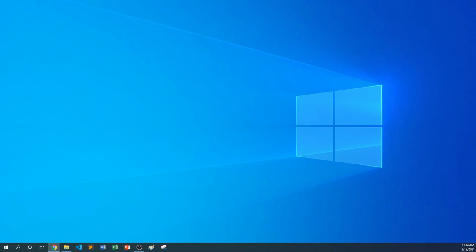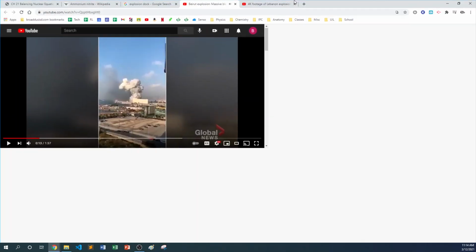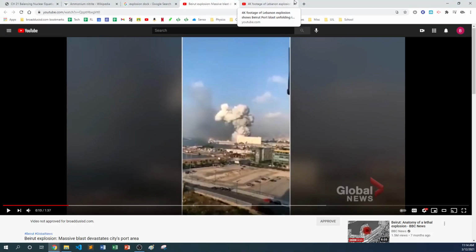So what happened was a shipping container was seized. They didn't pay their docking fees, or some fee or something. And so they unloaded all this fertilizer, ammonium nitrate, and they put it in a warehouse.